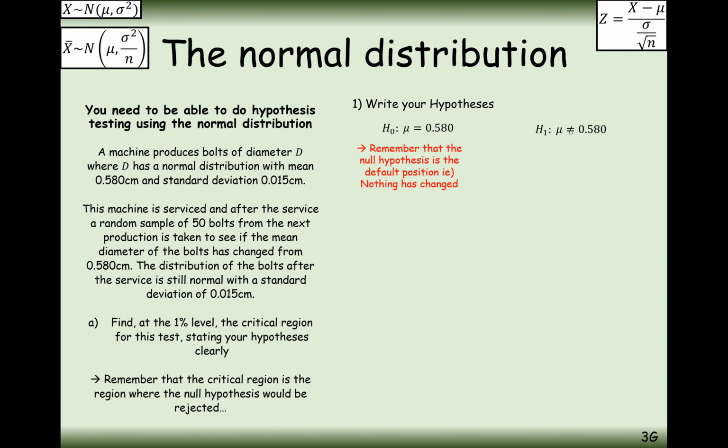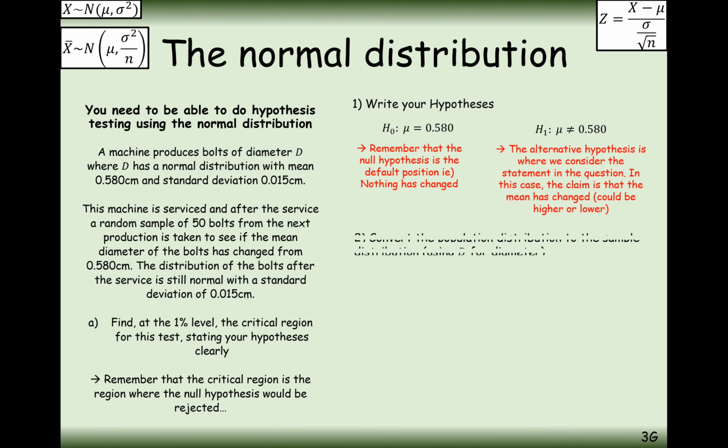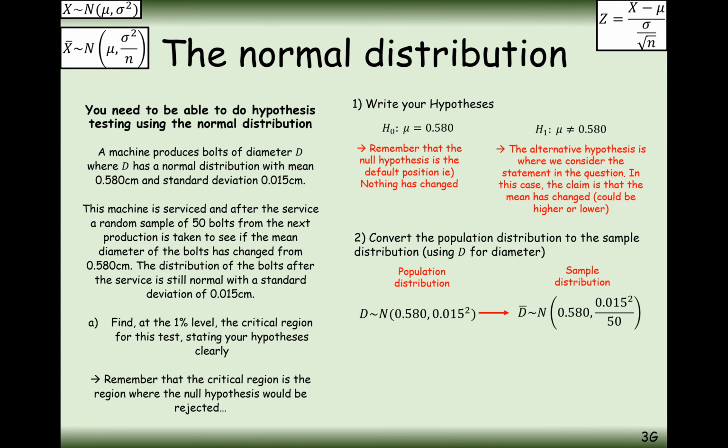The alternative hypothesis is that the mean will not be the same as 0.580 after the servicing. We need to convert next the population distribution into the sample mean distribution, so in that case the mean stays the same, but the variance changes. It's now 0.015 squared over 50.